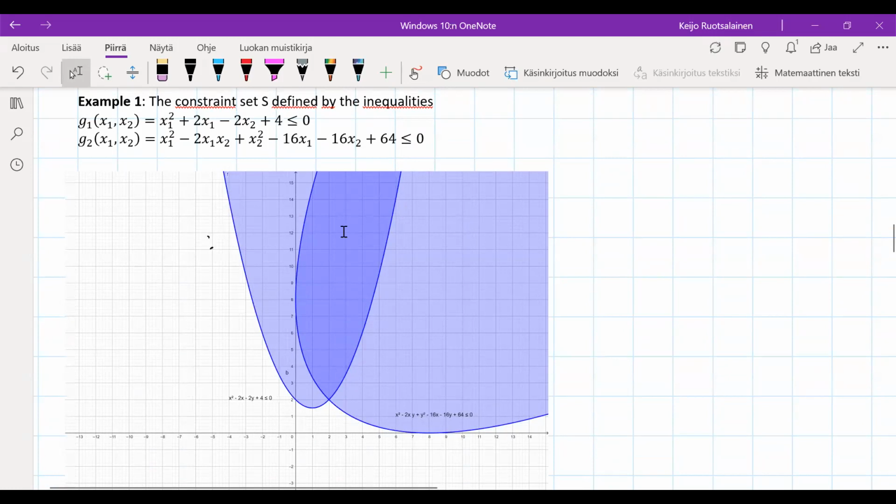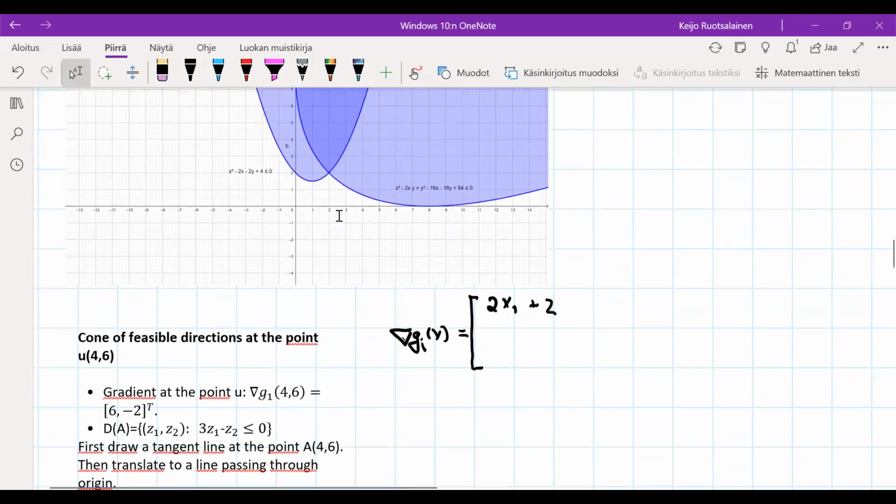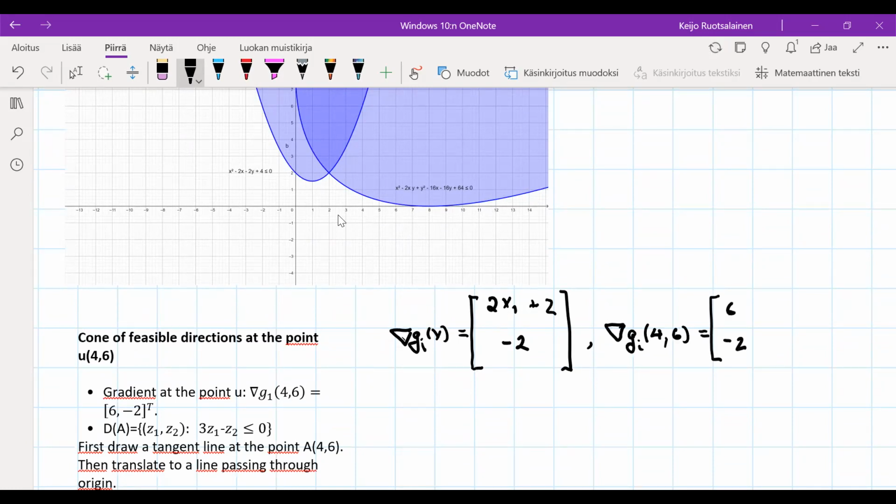And the second is minus 2. And then you compute the gradient of the function gi at the point with coordinates 4 and 6. So it is 6 and minus 2.